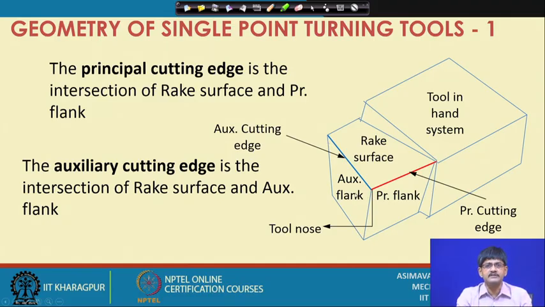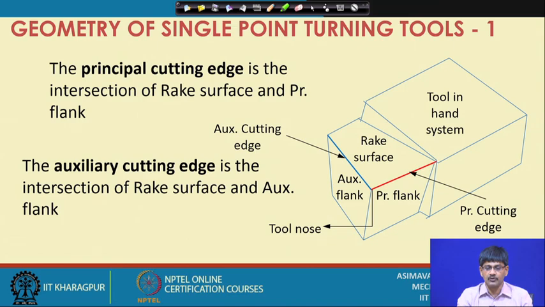Why do we name these things cutting edges? This is because they are involved in the removal of material by providing a sharp edge. So, in the single point turning tool there are two cutting edges: the principal cutting edge and the auxiliary cutting edge. And when all these three planes meet, they define a point which is called the tool nose. This one is the tool nose.